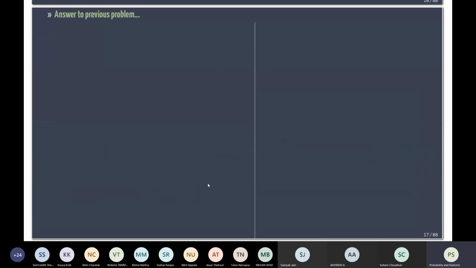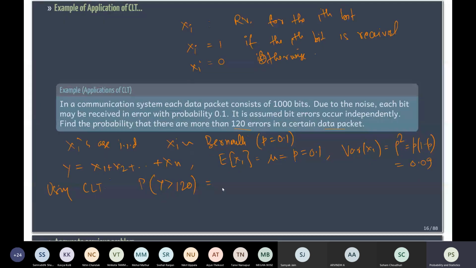The trick is to scale it accordingly. So the probability that Y is greater than 120 is the same as the probability that (Y minus n mu) divided by square root of n sigma is greater than (120 minus n mu) divided by square root of n sigma, where sigma is the standard deviation. Now it becomes a standard normal.